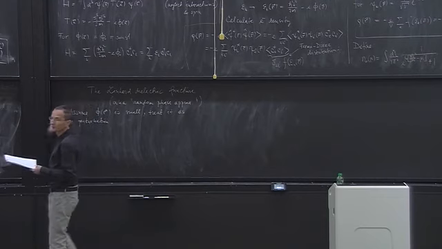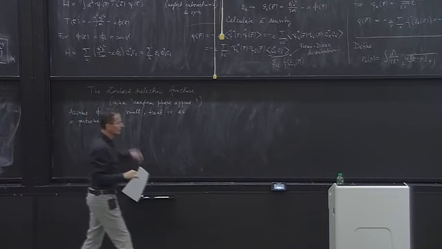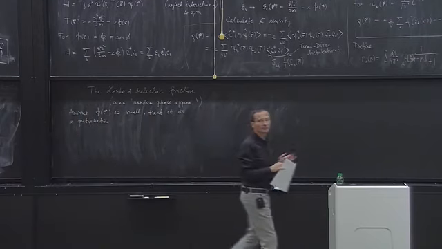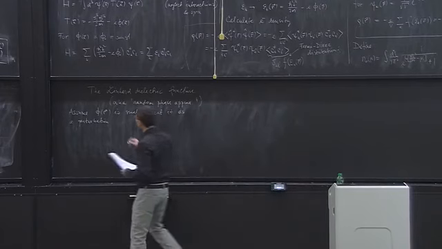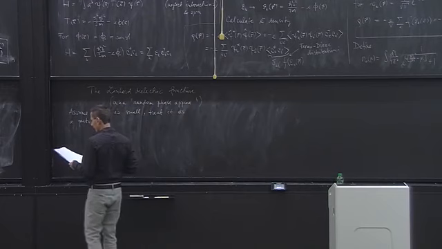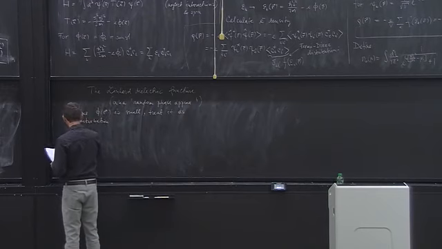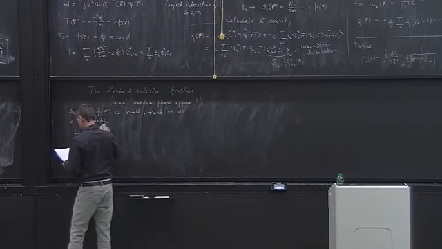So unlike Thomas-Fermi, we're not really making any assumption about how slow or fast it varies. It can vary as slow or fast as you want, but it has to be small so that you can treat it in perturbation theory. And then it's basically a standard perturbative calculation.